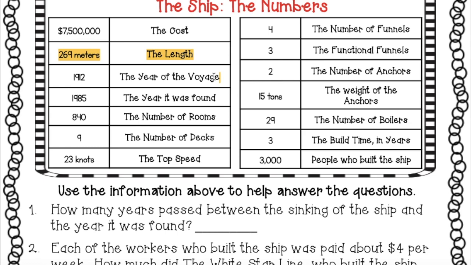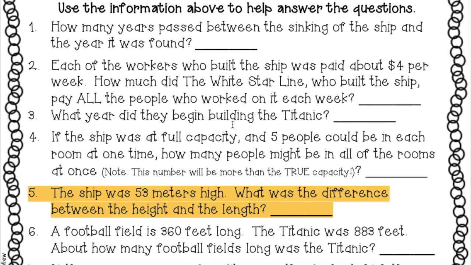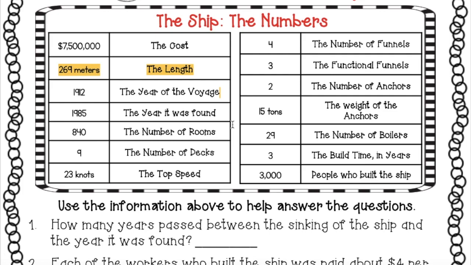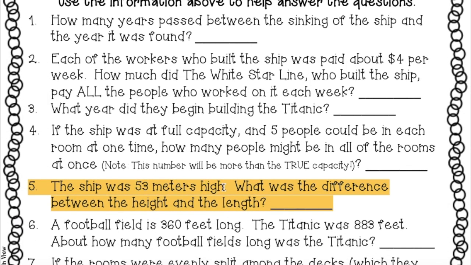When we're finding the difference, we subtract those two numbers. So we take 269 for the length minus 53 meters high. Once again, that's 269 meters minus 53 meters. That's going to give us our answer for number 5.